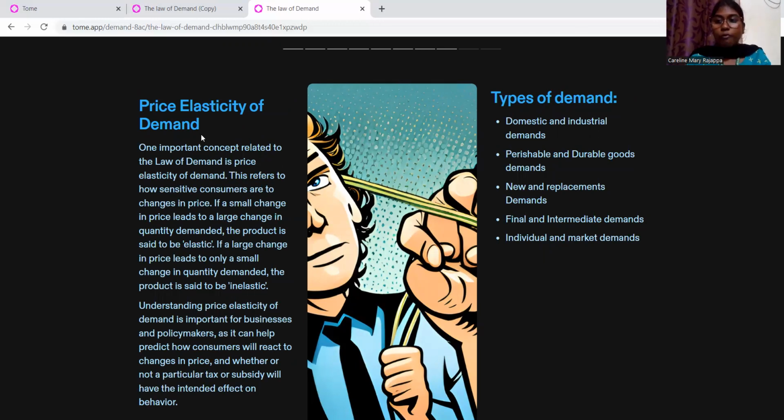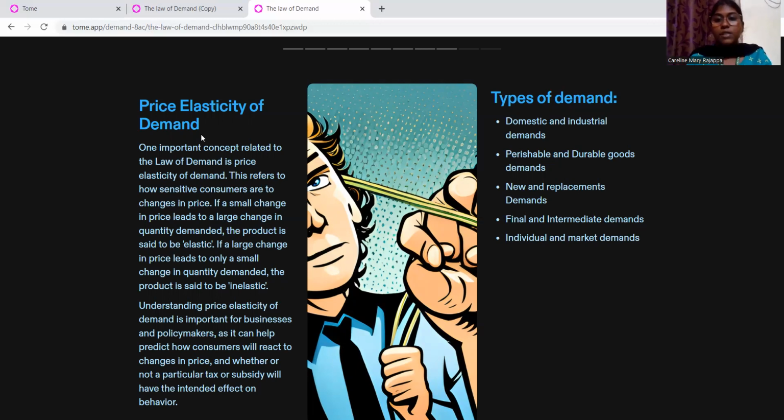Understanding price elasticity is very important for businesses and policymakers, for governments, and can help to predict how consumers will react to changes in price, or whether a particular tax or subsidy will have an effect on behavior.